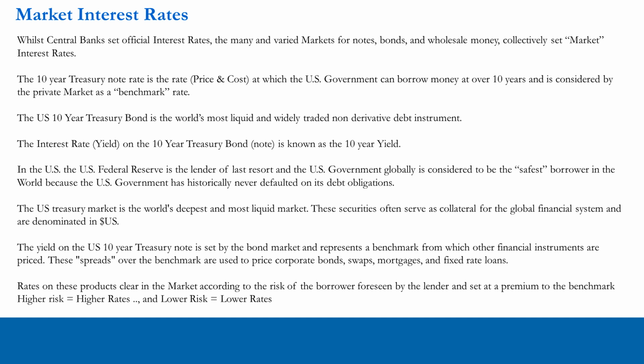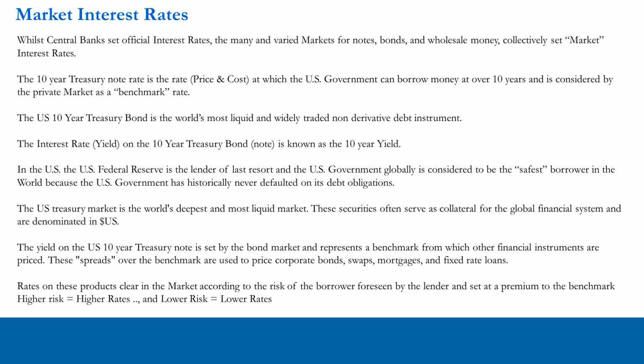And if a lender sees a company as lower risk, then a lower rate or tighter spread is going to be given to that borrower by the lender. So higher risk is higher rates, lower risk is lower rates.